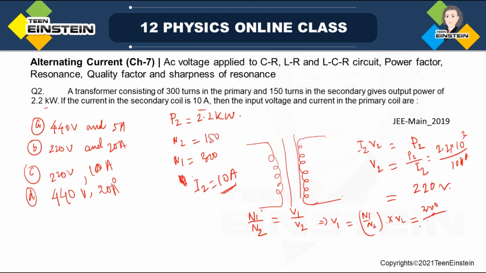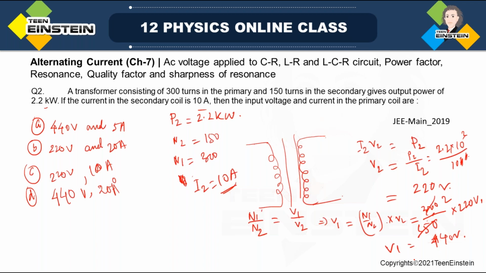N1 is 300, N2 is 150, and V2 is 220 volt. So V1 becomes 440 volt. So we have got the input voltage.